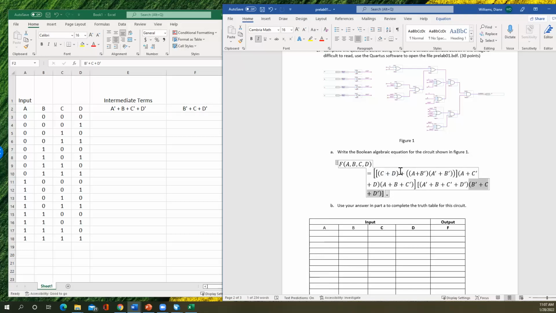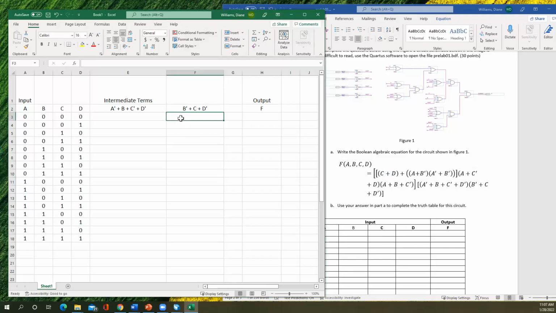Then it won't make any difference what any of these other terms are in terms of our final AND for F. So one quicker way to do this is to use a smaller term and ask: for what input values might this produce a 0?